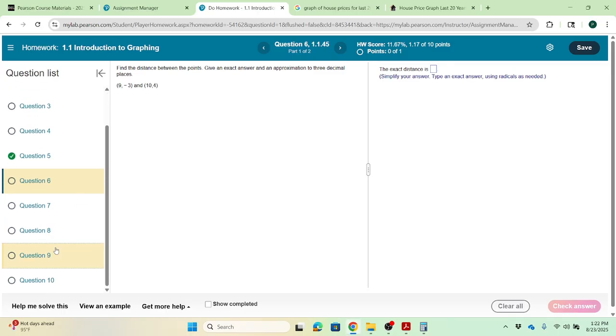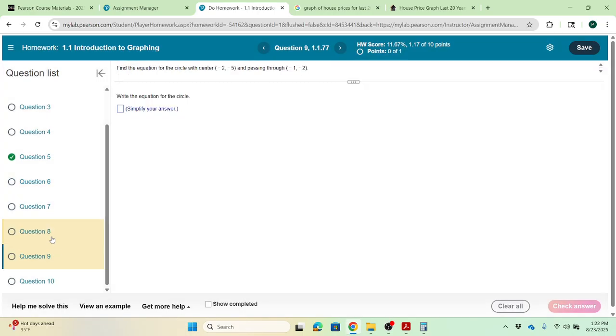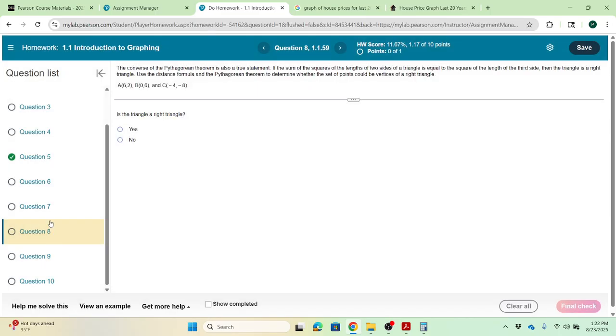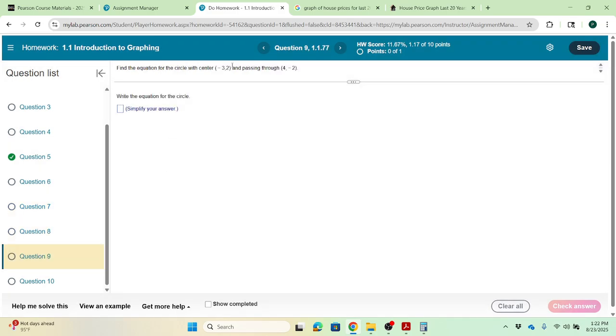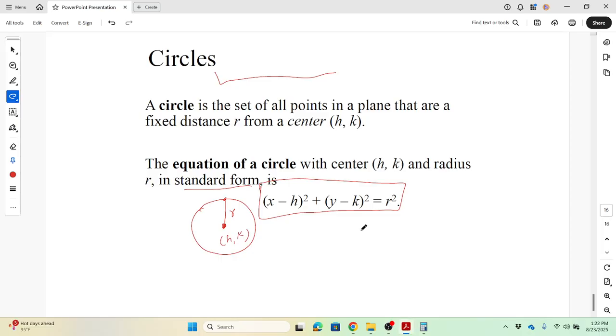Let's see. We have this question: find the equation of a circle with the center negative 3 comma 2 and passing through 4 comma negative 2.